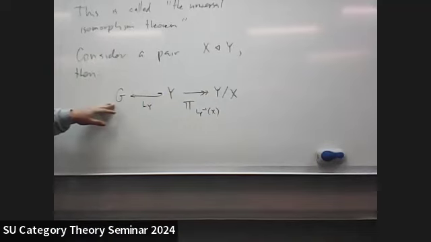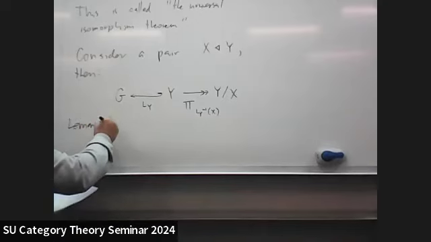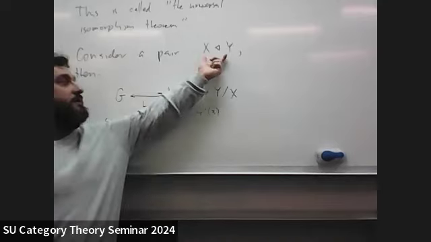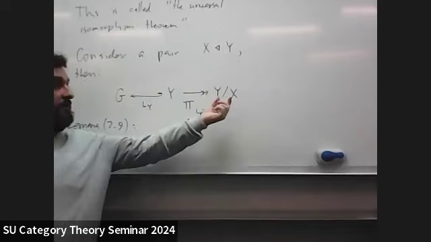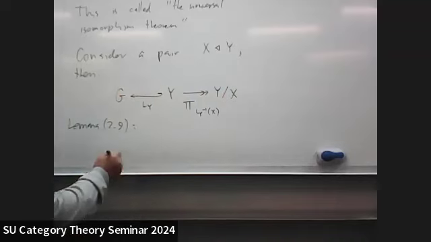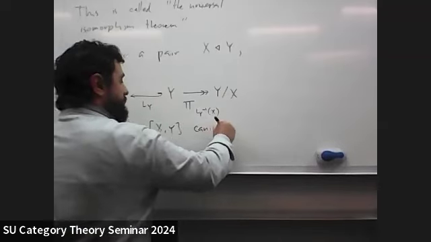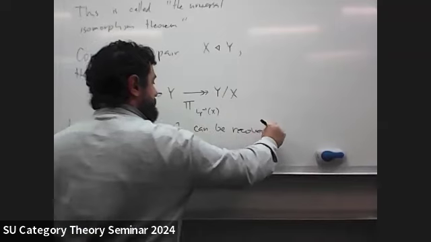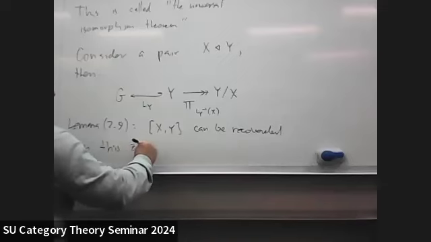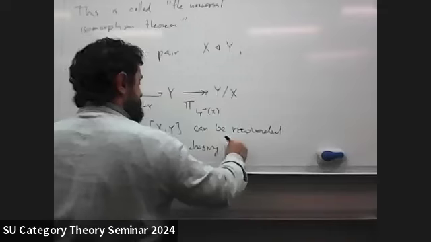And then the next lemma, which I'm not going to write out, I'm just going to speak it out, says that we can recover this interval from the zigzag by taking 0 and 1 here and chasing it backwards, which is kind of obvious. So the interval xy can be recovered from this zigzag by chasing 0, 1 backwards.